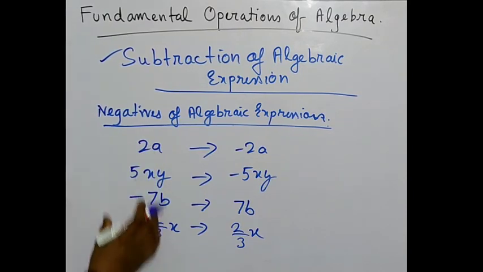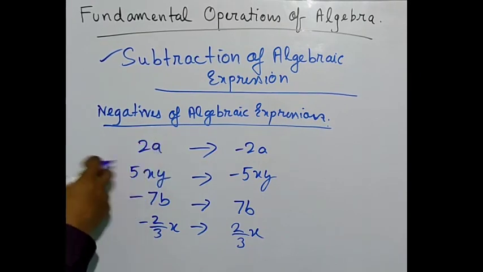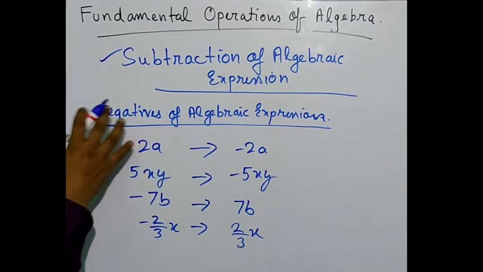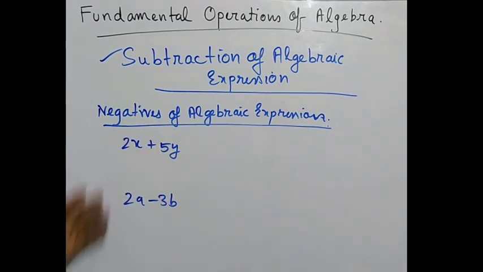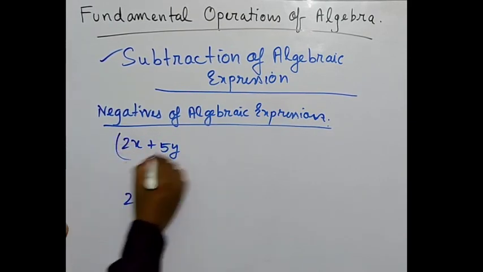So whenever you are asked to subtract any term, you will just simply change the sign of that term and add, means finding the negatives of that algebraic expression. Now let's take the negatives of these two algebraic expressions. So 2x plus 5y, what will be the negative of this algebraic expression?